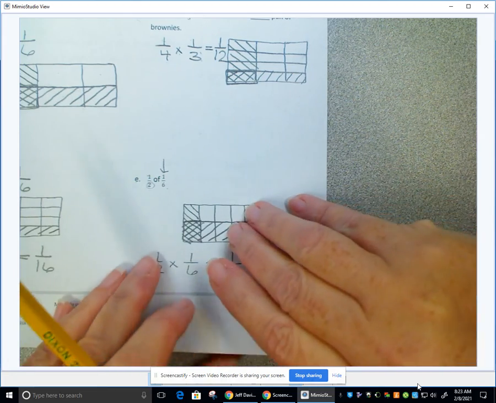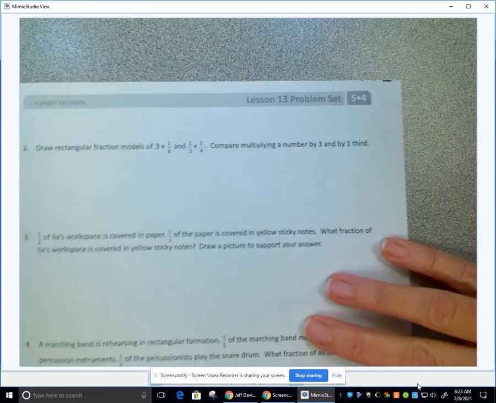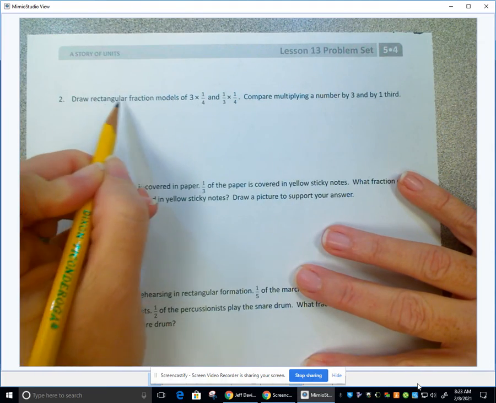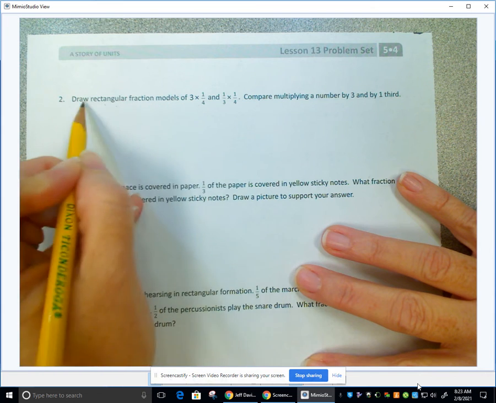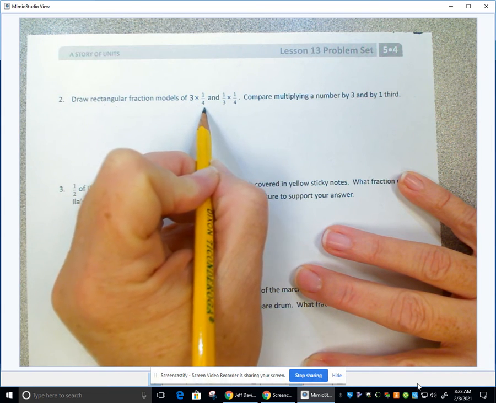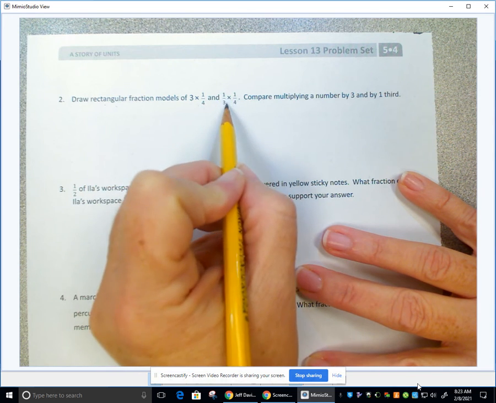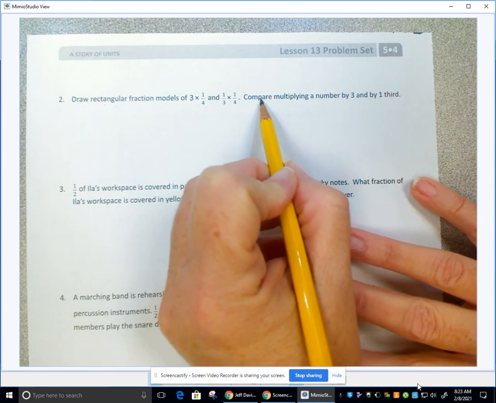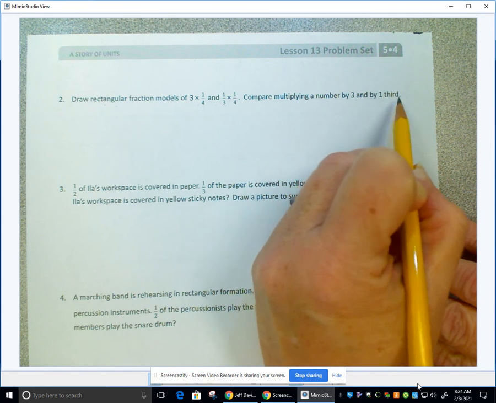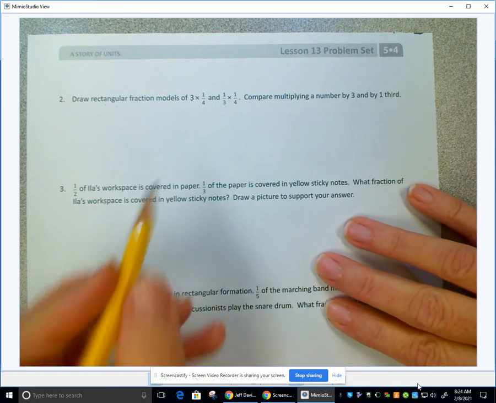Let's look at the other side. It says draw rectangular fraction models of 3 times 1/4 and 1/3 times 1/4. Compare multiplying a number by 3 and by 1/3. Well, let's look just a minute.